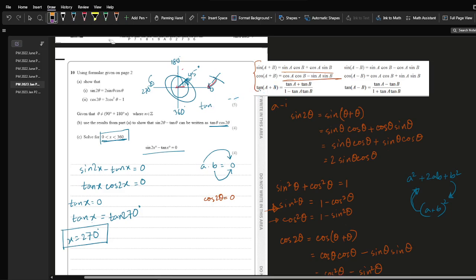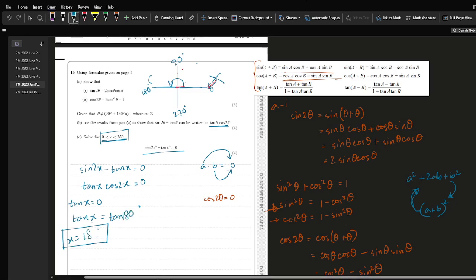Okay, so the next value, that would be 0 for tan. The first one is here, the second one is right there. Sorry, this is 90 degree, this is 180 degree, this is 270 degree, my bad. So this is 180 degree.